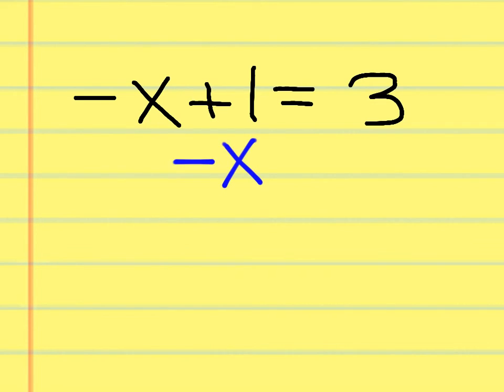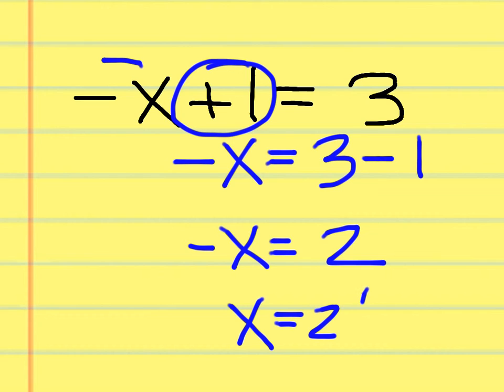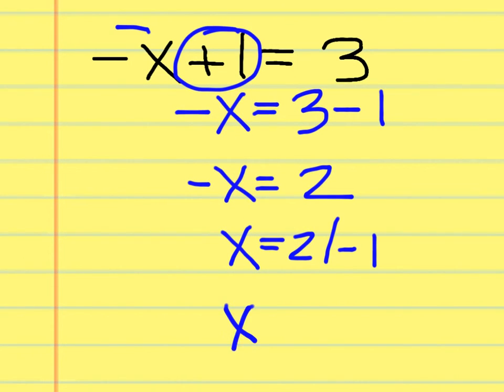Keep the negative x on the left, move the plus 1 to the right, make it minus 1. 3 minus 1 is 2. Divide the 2 by the negative 1. You should come up with a negative 2 for the answer.